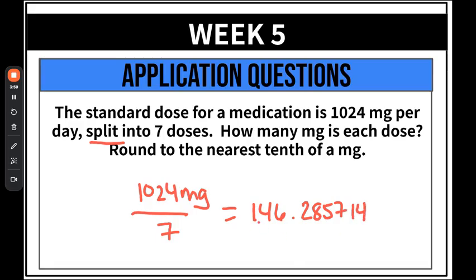Okay, so it says round to the nearest tenth, so let's look at the tenths place, okay? And then we look to the right and we see that this number is larger than 5. So that means that this 2 is going to become a 3 and everything else will become zeros. So our answer will be 146.3 milligrams.